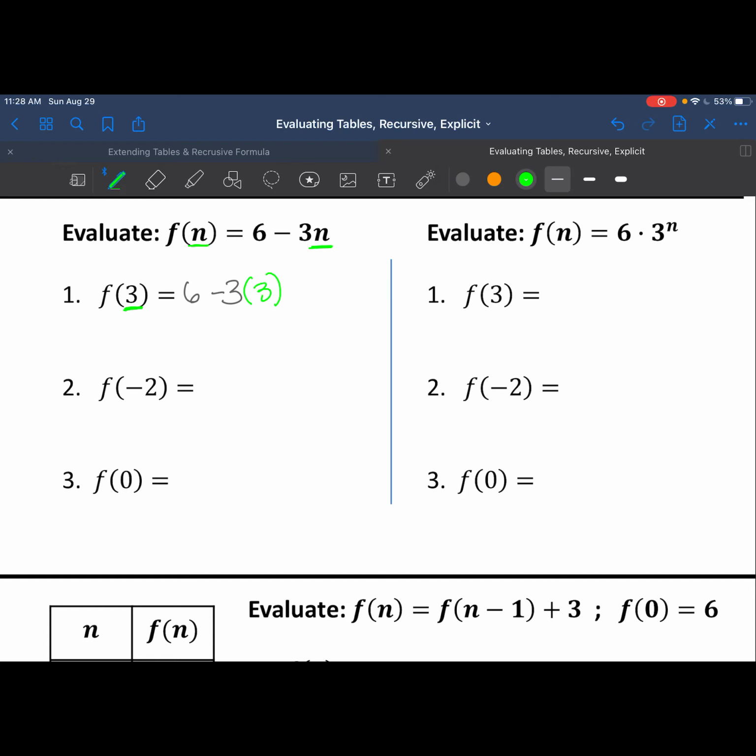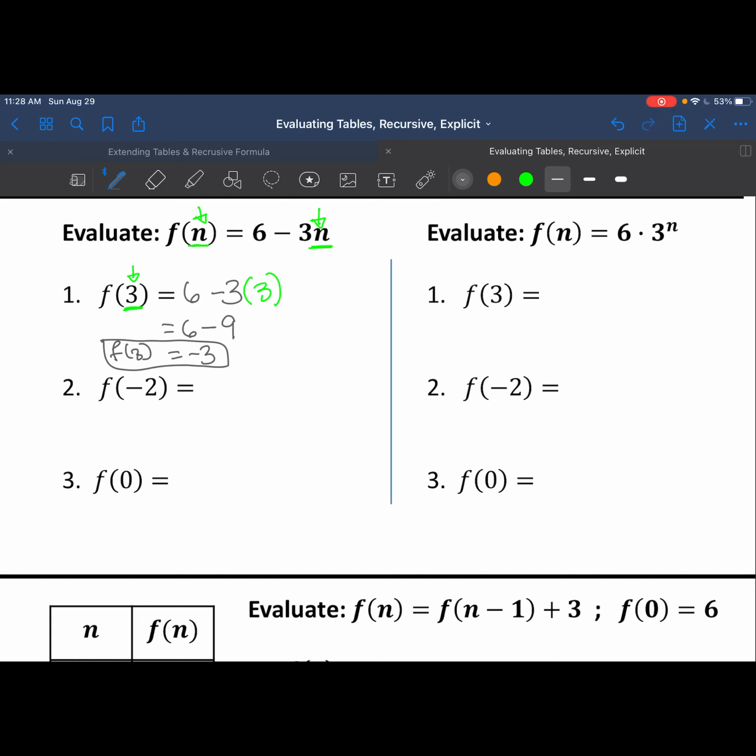So I replaced this n and this n with this number 3 that we were given. This one was already replaced. We had to replace the back one. This leaves us with 6 minus 3 times 3 is 9. 6 minus 9 is negative 3. So f of 3 equals negative 3.